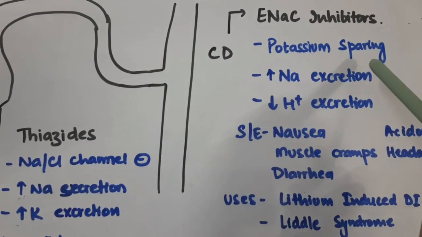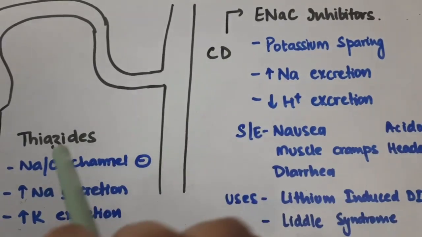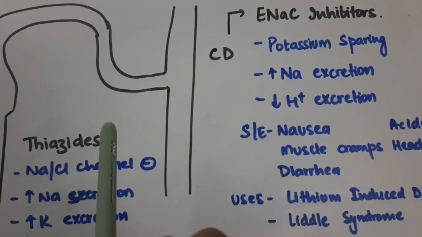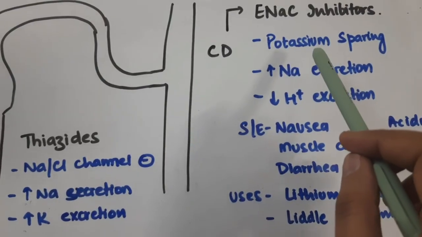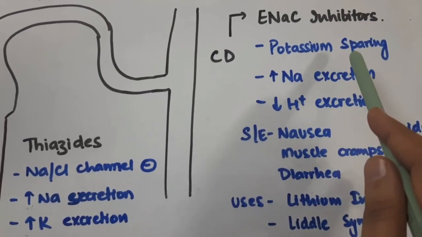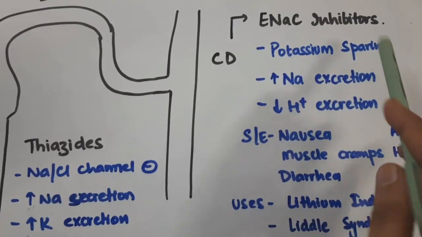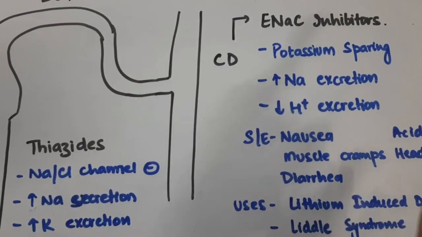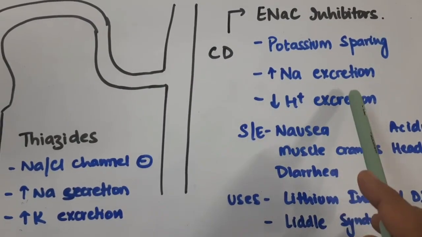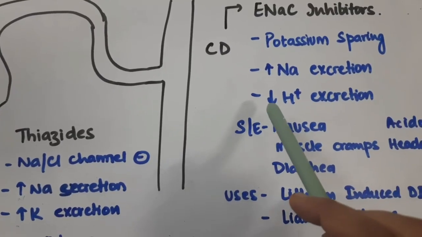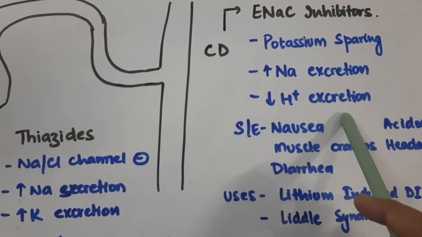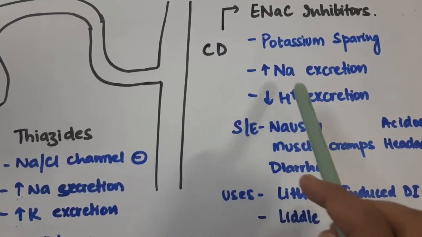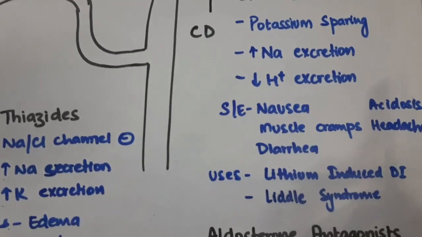These are potassium sparing, which means just the way thiazides and loop diuretics cause excretion of potassium, they will not cause excretion of potassium. They only act on sodium. So they will increase sodium excretion and they will reduce hydrogen excretion. So hydrogen is also retained and sodium is excreted.